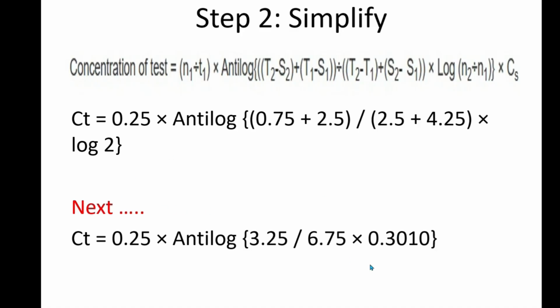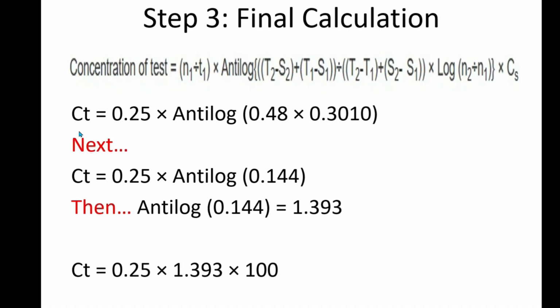Here we have calculated log 2, this is the value of log 2. Then we multiply this, and antilog of 0.144 is equal to 1.393. So we have to put this data here.